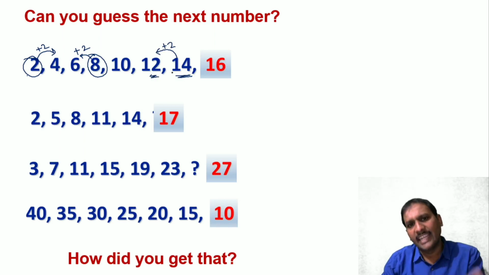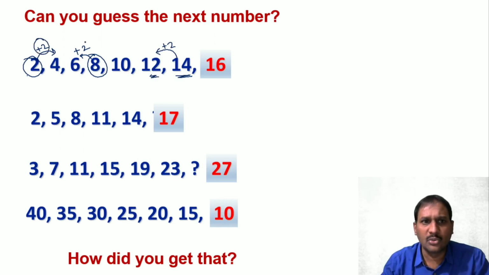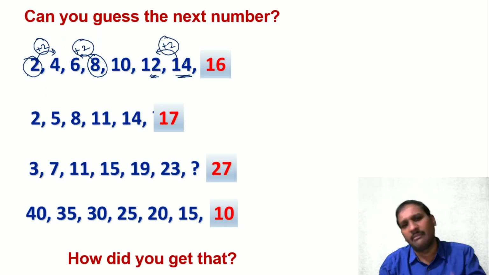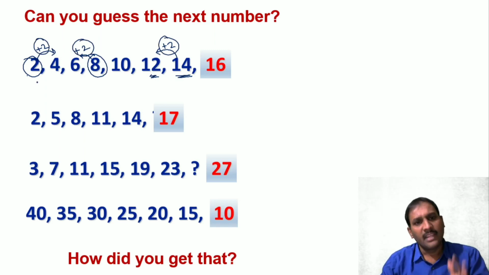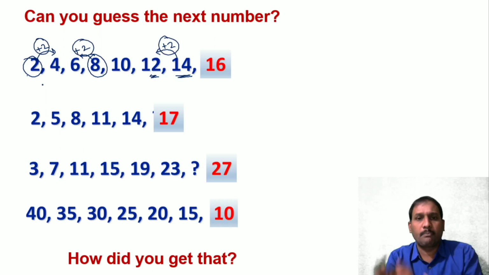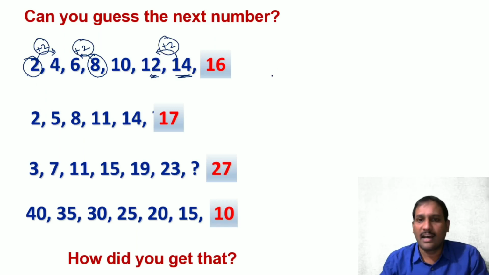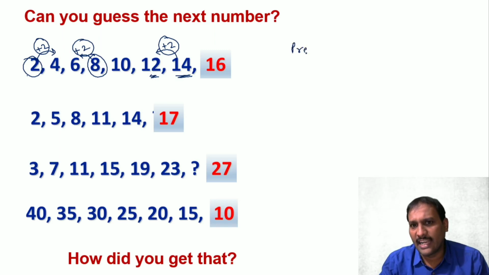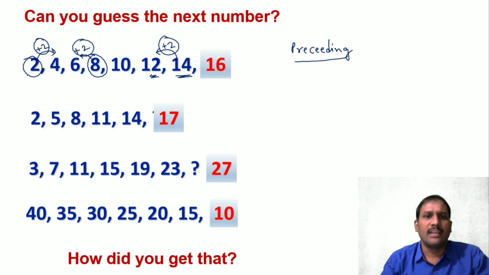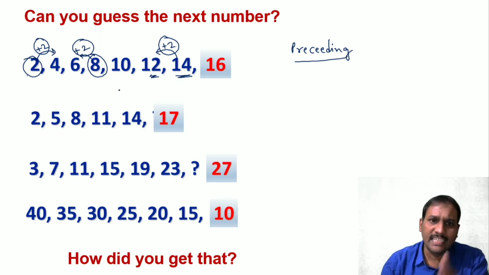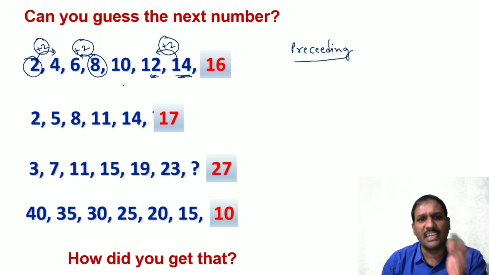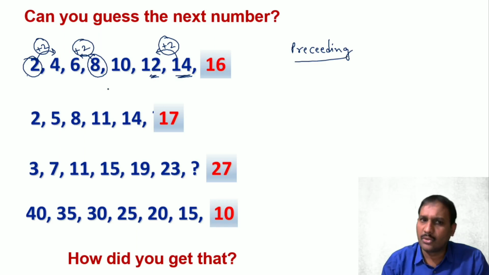So by adding a fixed number, this 2, 2, 2, we are adding the same number to its previous term, the term before it, or mathematically it is called the preceding term. So we are adding a fixed number to its preceding term to get that number.